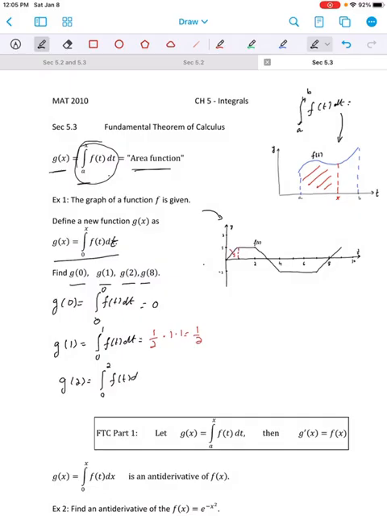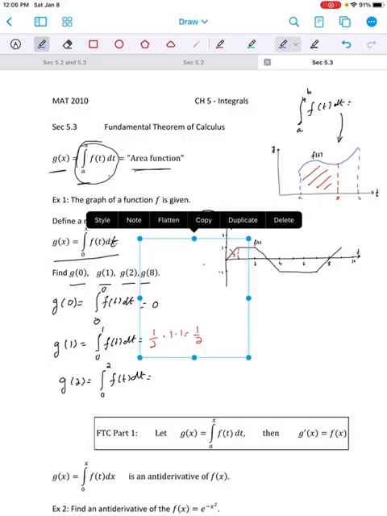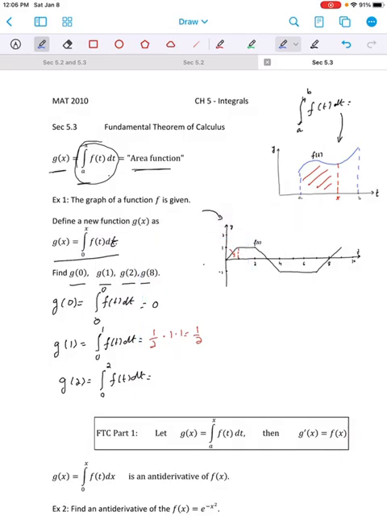Now it will be the area between 0 and 2, so it's the area of the triangle that we already have, plus the area of this square. So we have 1/2 plus 1 times 1, which is 1, so we have 3 over 2.